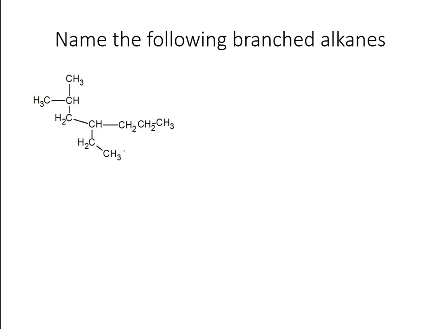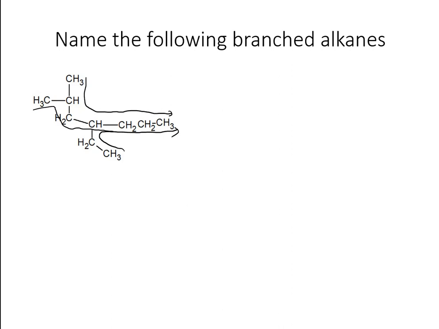You can have this chain, that's chain number 1. You can have this chain, that's chain number 2, or you can have this chain from here, that's chain number 3. So you just need to pick which one is the longest.